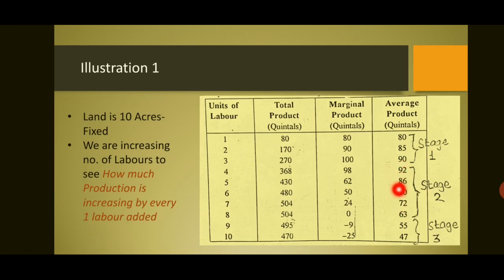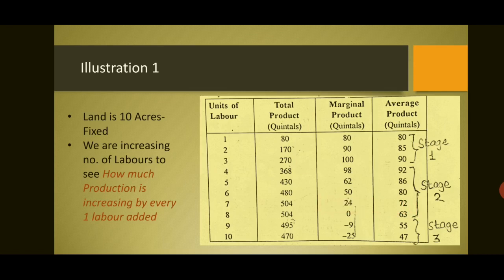Yes, it is increasing, but it is increasing at a diminishing rate. Okay, but at the point where the ninth labor is added, there is a negative change in average product, that is -9.